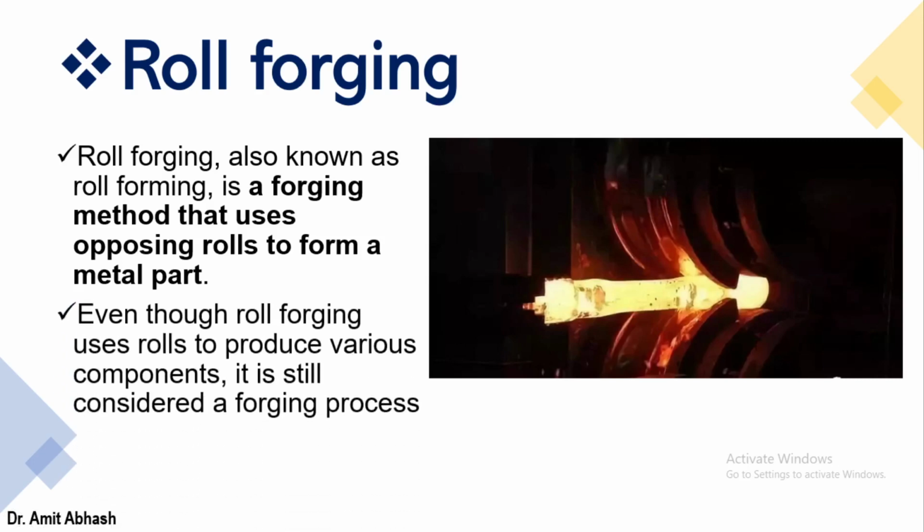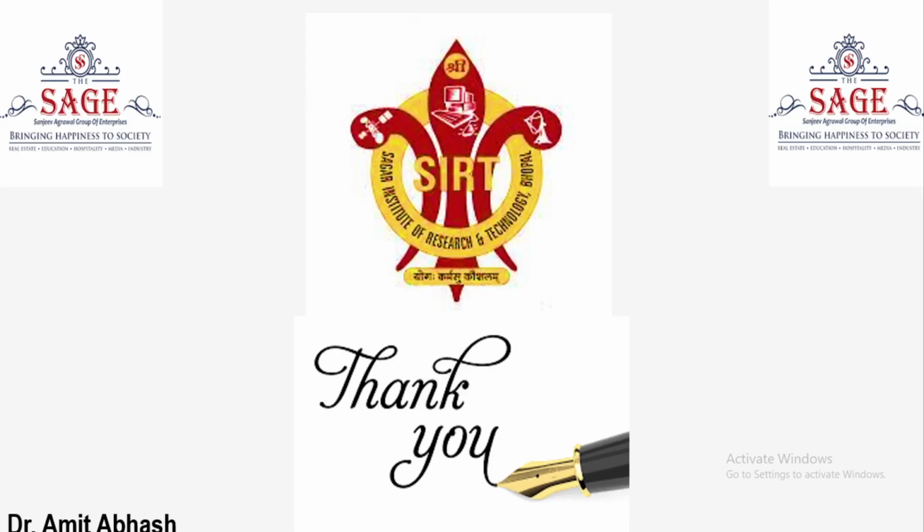Even though roll forging uses rolls to produce various components, it is still considered a forging process. It will not be considered a rolling process. It will be considered a forging process. So this was regarding roll forging.